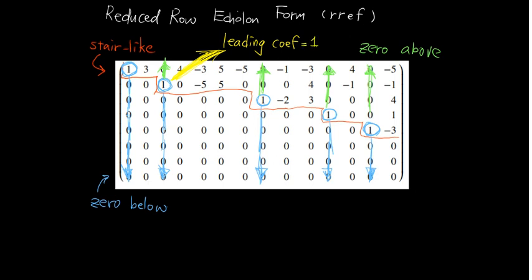So for example, this one, you can write it as 2x minus 6y, but most of the time you will just write it as 1x minus 3y, right? So you can rescale the equation so that it has a leading coefficient equal to 1.